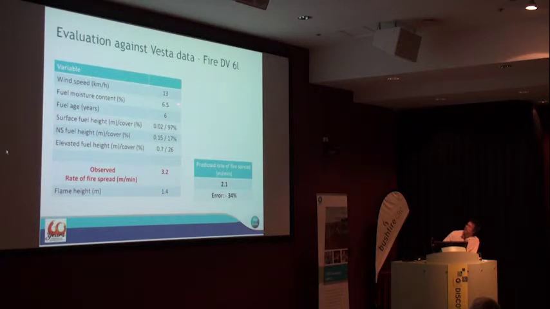We have 13 kilometers per hour open wind, fuel moisture about 6.5, fuel age 6, surface fuel height very low, pretty much full cover. Near surface fuel height and elevated, not very high, but very open, so very low cover values here. Observed rate of spread 3.2. We got with the model 2.1, an error of 34%.